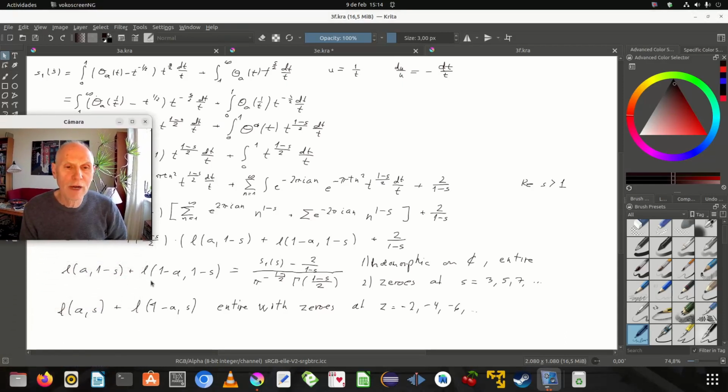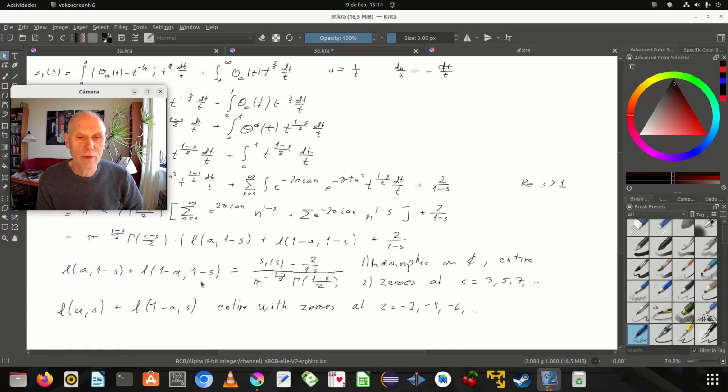Now we do the same, isolate this guy. So we subtract this and divide by the constant. And then we can see that this has a pole at s equals 1, as does this, a simple pole. So they cancel. That means that we have an entire function.